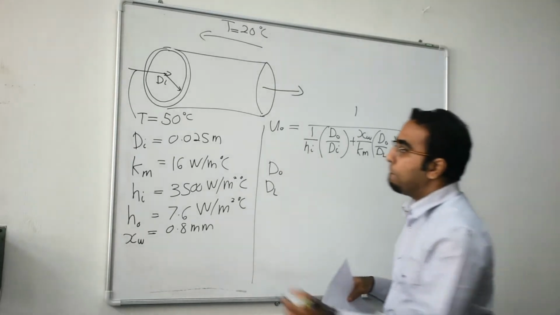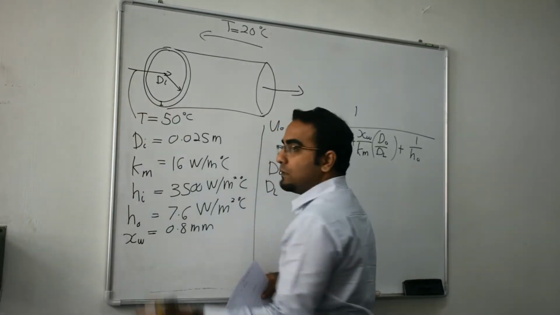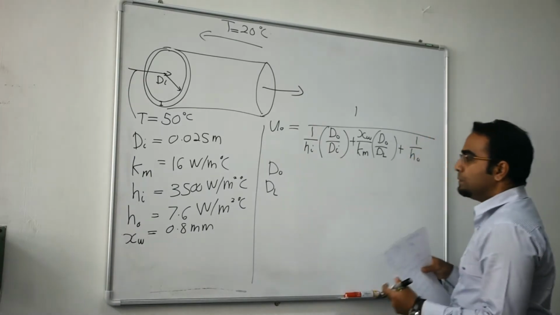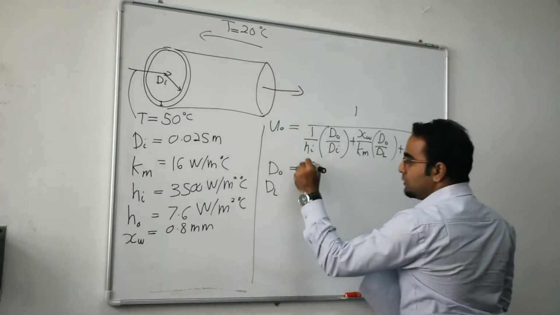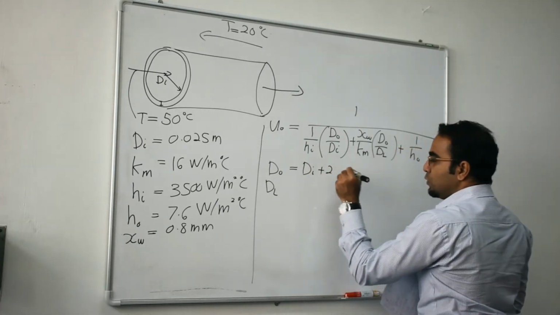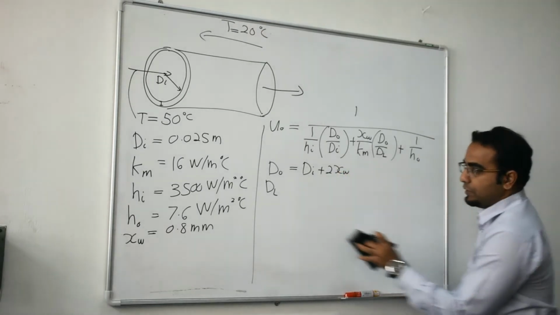Now remember, the thickness is given to us as 0.8 mm. So to find the value of DO, DO is equal to di plus 2xw. This is the general equation.